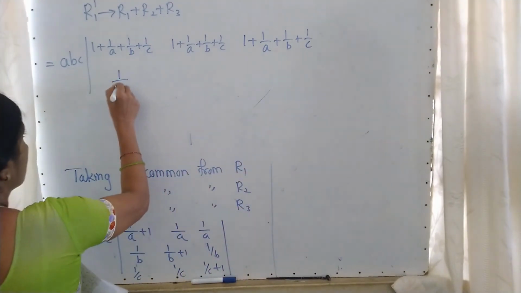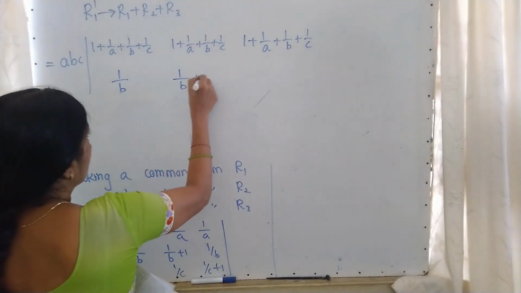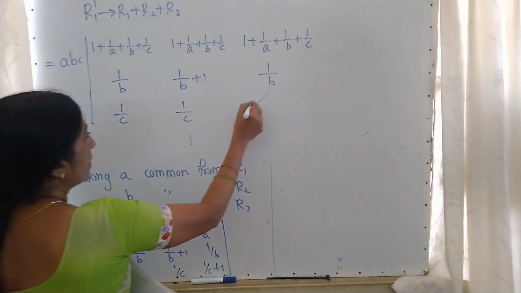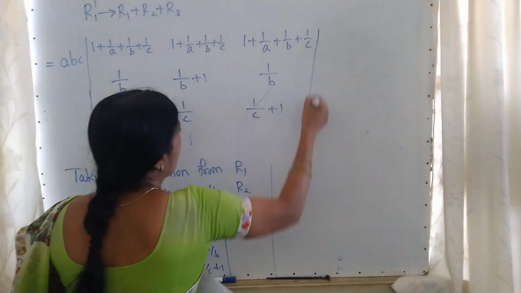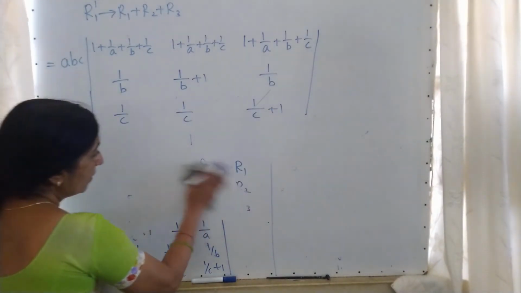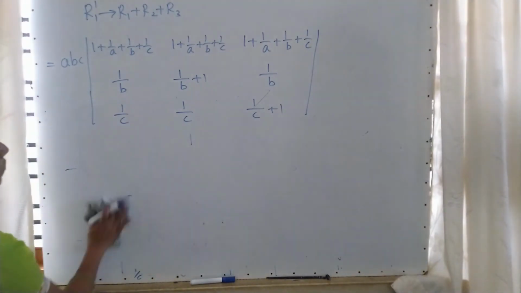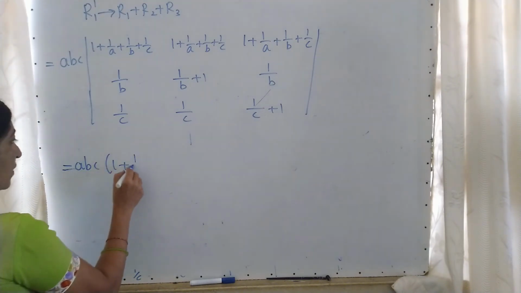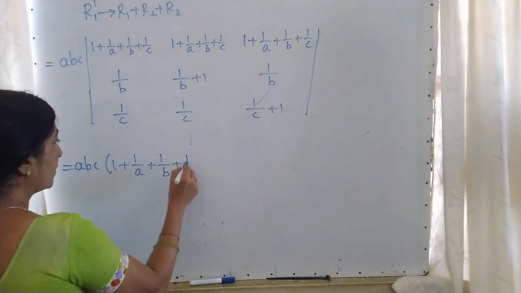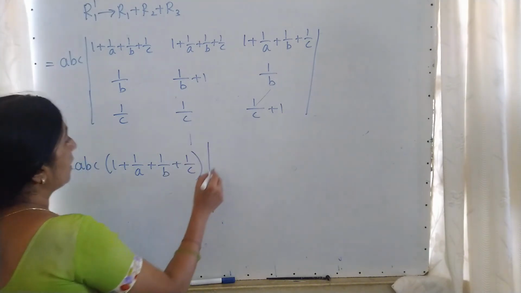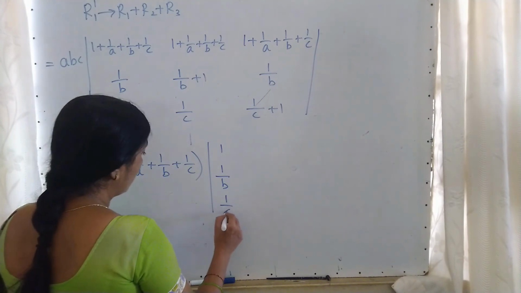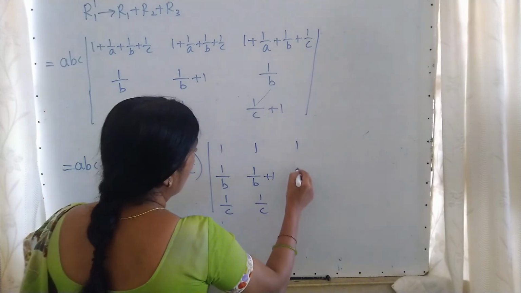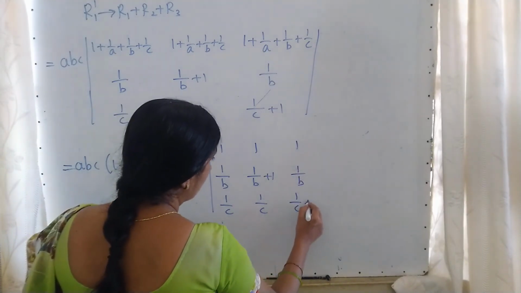The remaining rows as it is: 1/b, 1/b plus 1, 1/b; next 1/c, 1/c, 1/c plus 1. Now what is common? The common element is 1 plus 1/a plus 1/b plus 1/c. The remaining elements are 1, 1, 1 in the first row, then 1/b, 1/b plus 1, 1/b, and 1/c, 1/c, 1/c plus 1.